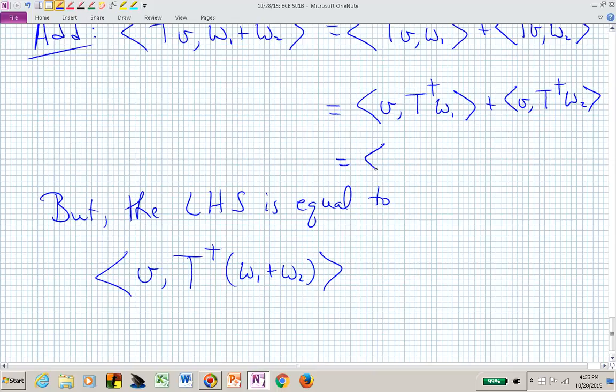But now we can do the additivity of the second slot, and we can say V comma T dagger W1 plus T dagger W2. And now you can, I hope, see that if we equate the second slot in those two formulas, we do have additivity of the adjoint.